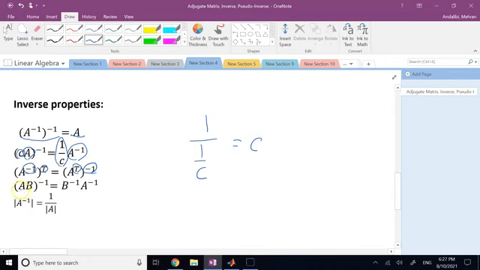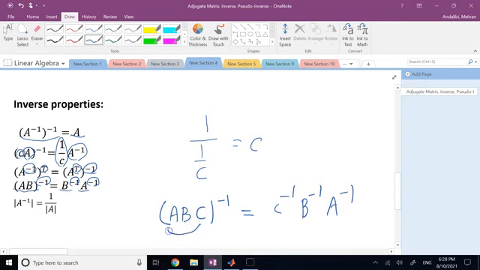This is one of the most important ones. When you apply an inverse to the product of two matrices, it is going to be applied to each and every one of the matrices, but the order is going to be reversed. Okay? So for example, if you have, let's say, 3 matrices multiplied like this, what's the inverse going to be? It's going to be C inverse, B inverse, A inverse.